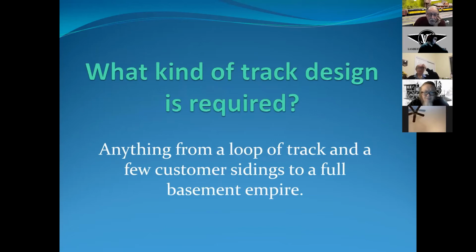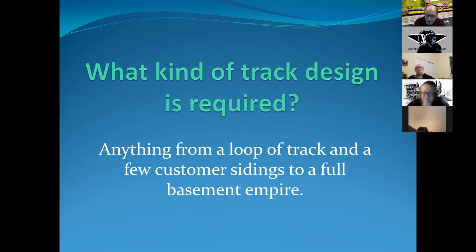What kind of track design is required? A lot of people think they have to have a pretty fancy track design built strictly for operations, but that's not true. If you have a layout, even if it's a large loop, and it goes through a town, and you've got some sidings for customers, you can set up some basic operations using that layout, and you can actually do quite a bit.